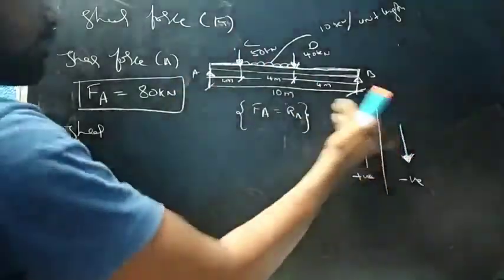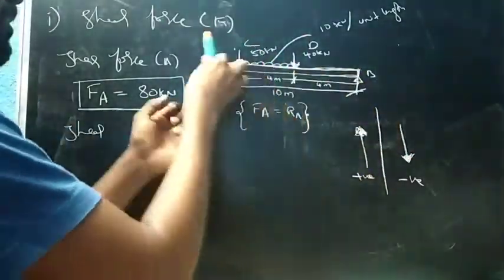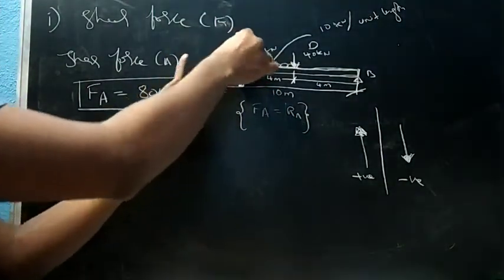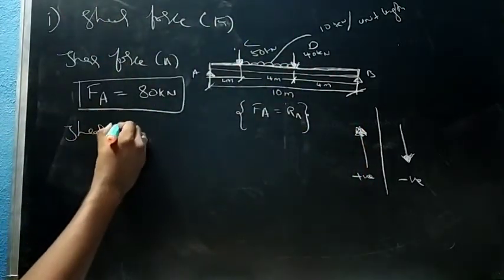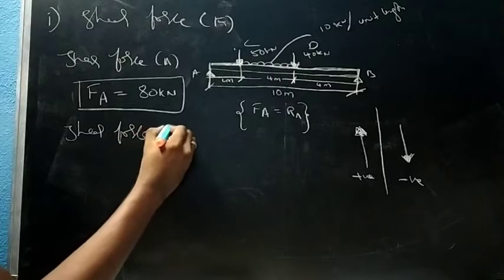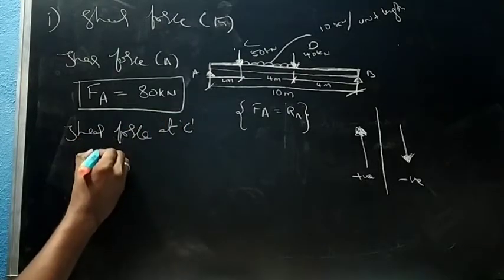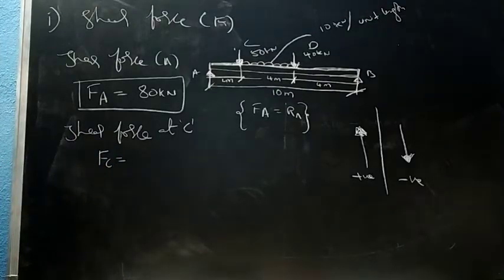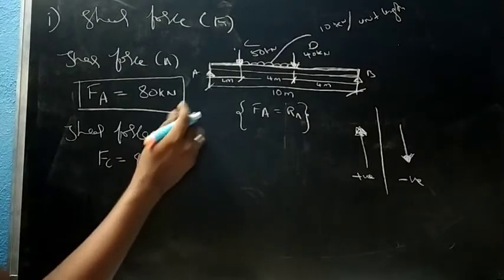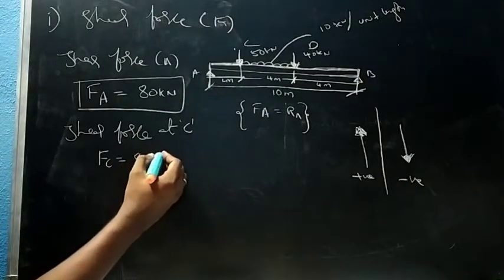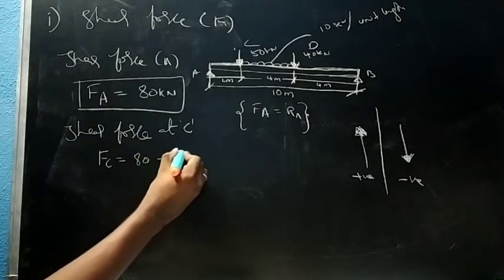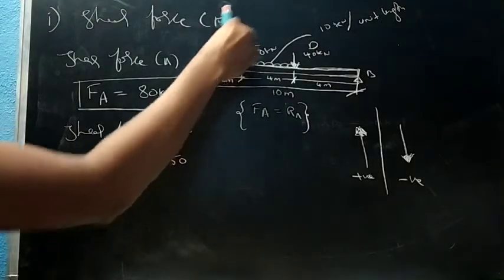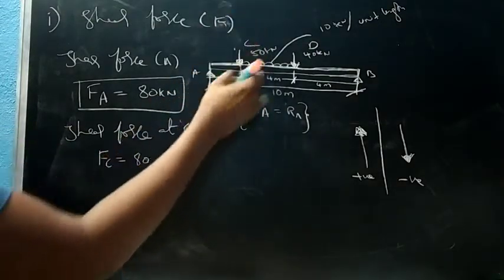I'm taking all the forces to my left. So from here I'm moving here, so I will take this. So it is going up, that means I have to take positive. So I will write shear force at C. So FC equals to 80 minus 50, which is positive, and shear force at C, that is going down, which is 50.